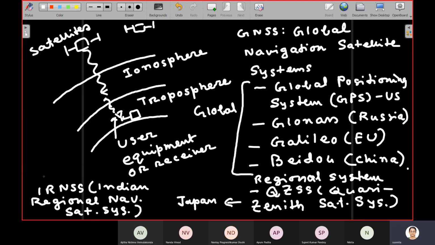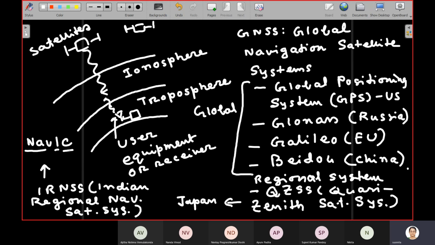It is also called Navigation with Indian Constellation, NAVIC. This is an independent regional system. Okay, it does not depend on any other constellation for service. So unlike QZSS, IRNSS or NAVIC is an independent regional navigation satellite system.